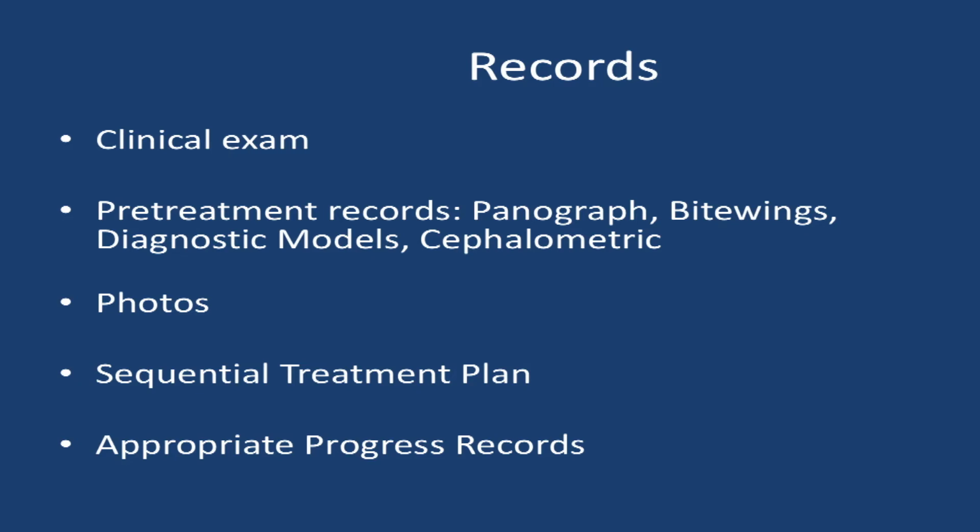Those are important records to retain within the dental record. Photographs, with permission from the patient and de-identified, become a permanent part of the record and can be used for teaching purposes as well as to diagnose developmental conditions. A sequential treatment plan needs to be present and appropriate progress records noted within the records.